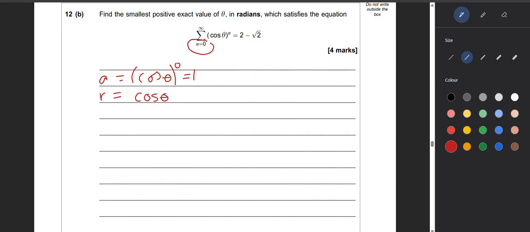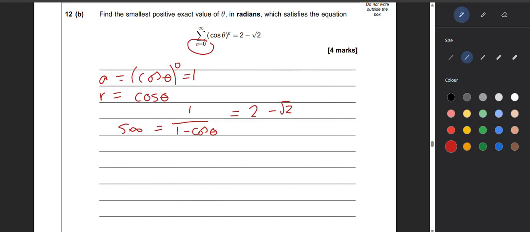So let's put that into our formula for the sum to infinity for a geometric sequence. That'll be 1 over 1 minus cos theta, and I know that's equal to 2 minus root 2. Okay, so I've now got that. So now I basically just need to rearrange that for cos theta, don't I?